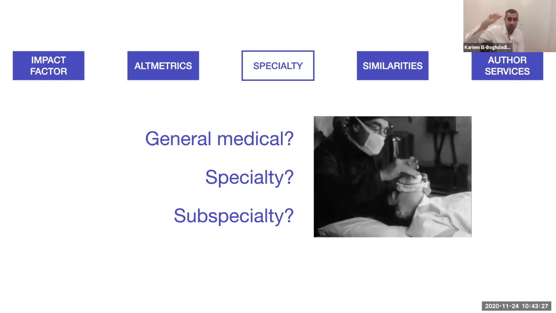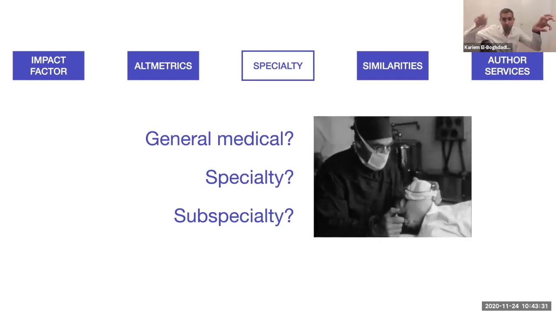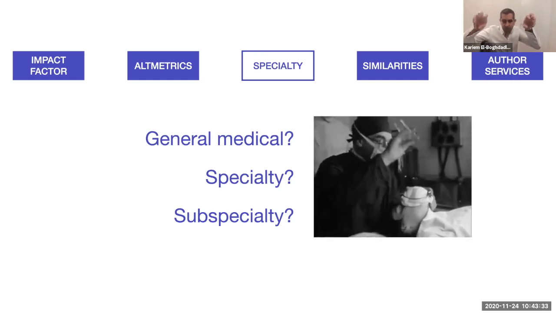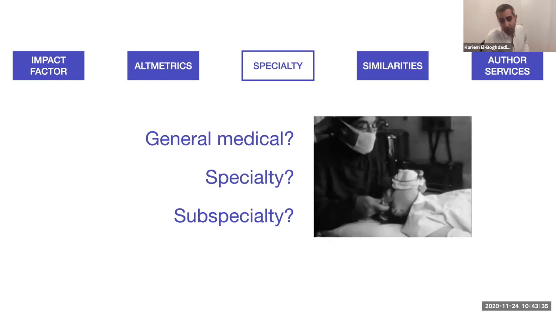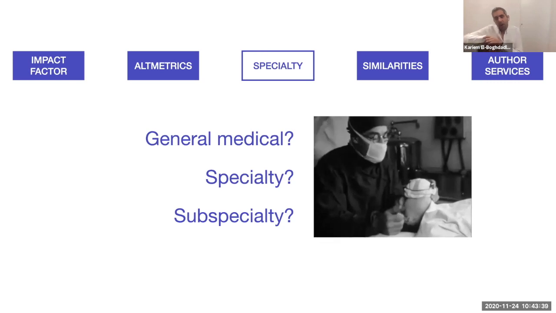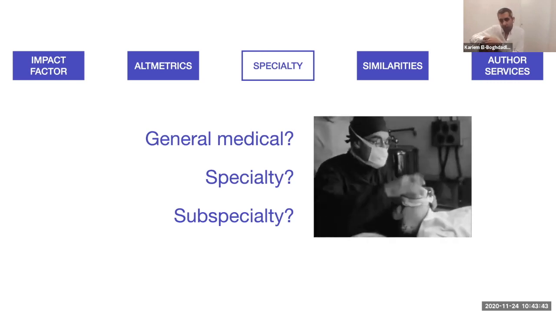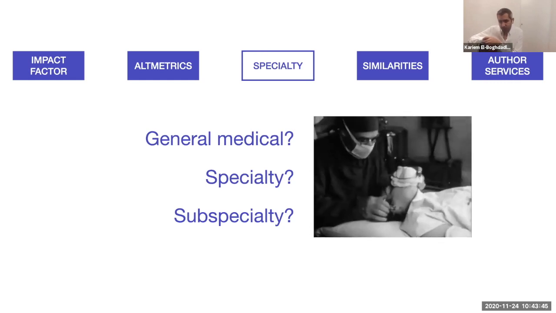You think about the reader. Everything always comes back to the author and the reader. Do you want it to be in a specialty journal? Now, of course, general journals in general have higher impact factors and are more likely to get better altmetric scores than subspecialty journals.